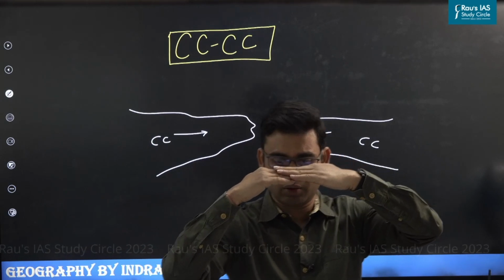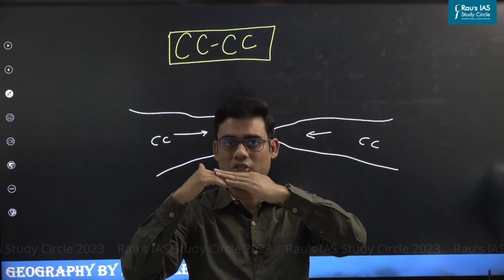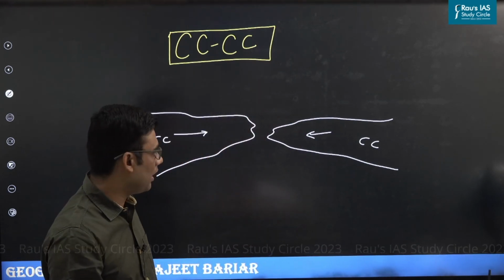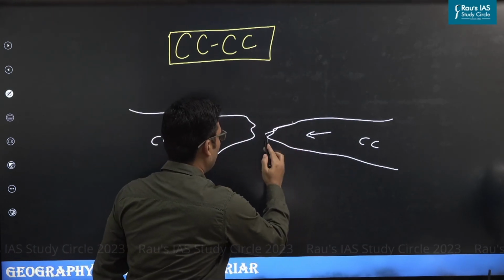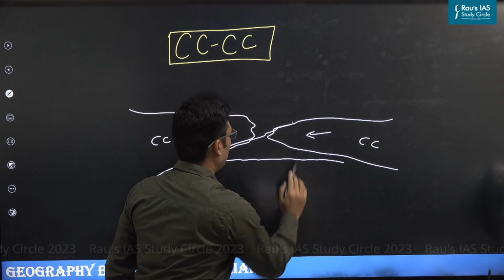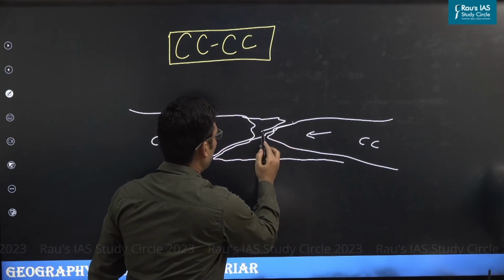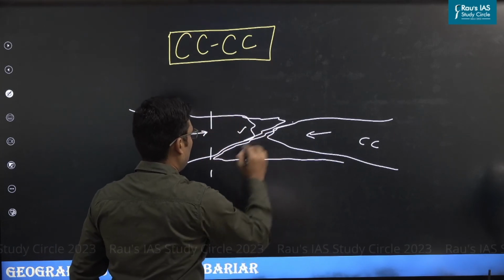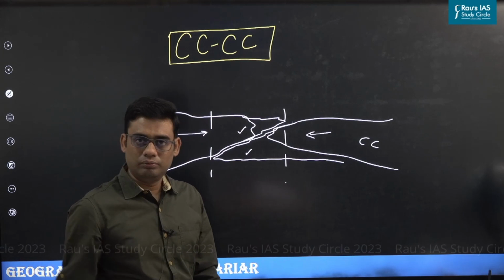This is the phenomenon we call abduction. The earlier process was subduction, going into the mantle. Here it will be abduction, and abduction would look something like this. Here you can see one crust and another in this section.